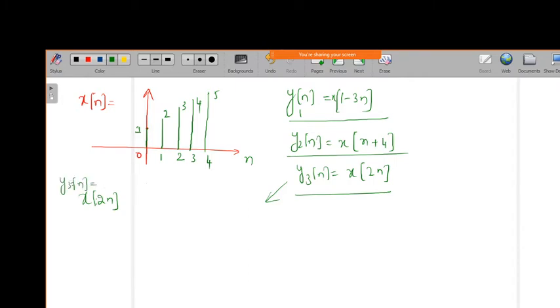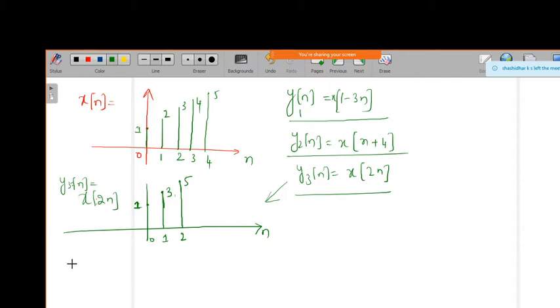At 0 also you will get an integer, because 0 by 2 gives 0. At 2, dividing 2 by 2 gives the integer 1, but the amplitude you have to represent as 3. At 4 it will be index value 2, but the amplitude value you have to represent as 5. So this is y3 of n.